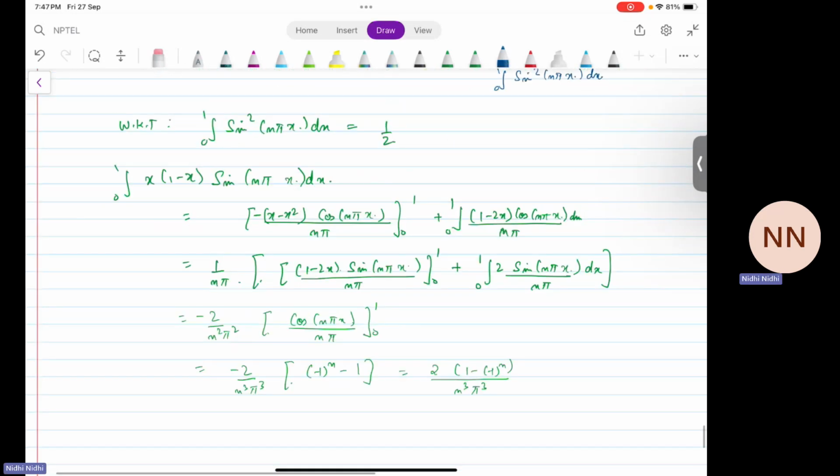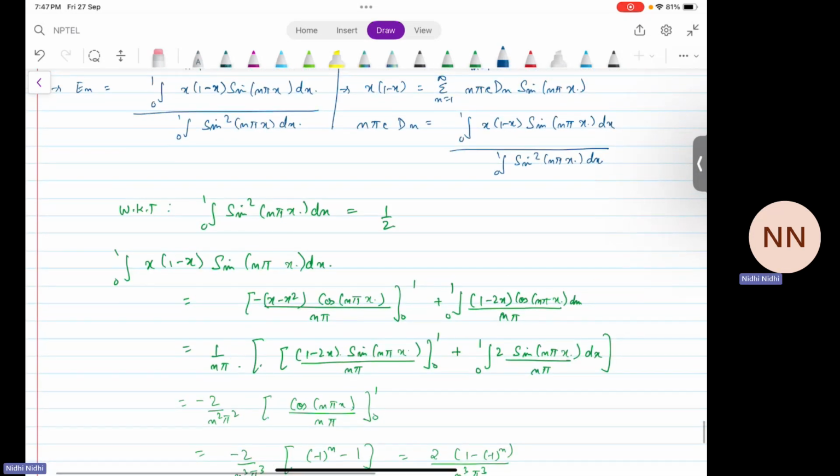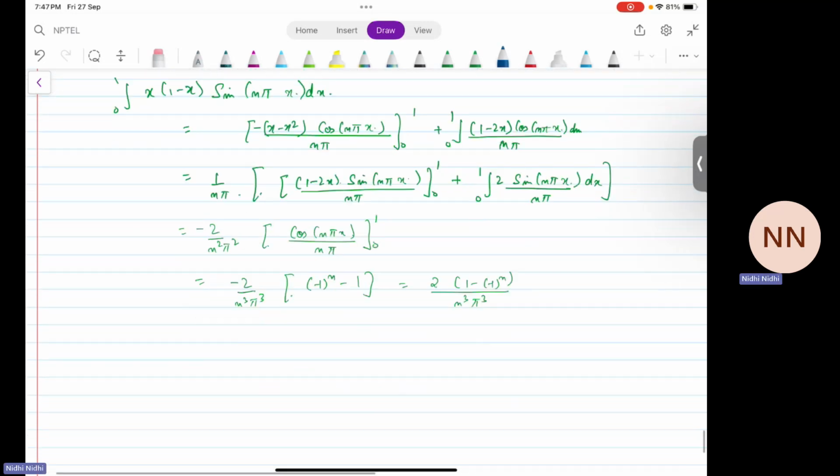So from here we get En is equal to 2 times 1 minus minus 1 to the power n by n cube pi cube.